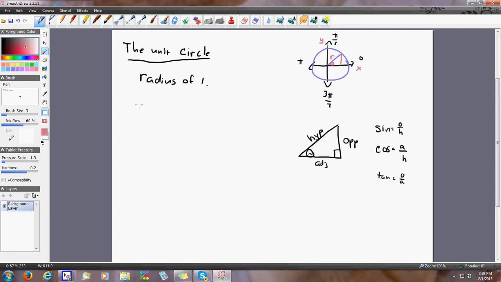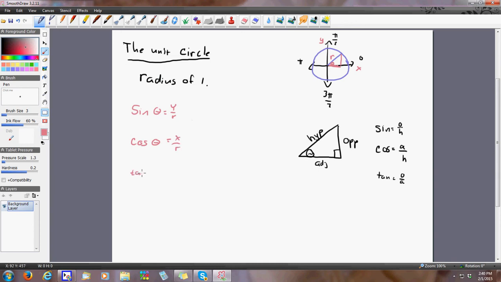So the sine of my angle theta, which is in radians, is equal to the opposite over the hypotenuse, which is my y value over my radius. My cosine is equal to the adjacent over the radius, which is on the x-axis over the radius.